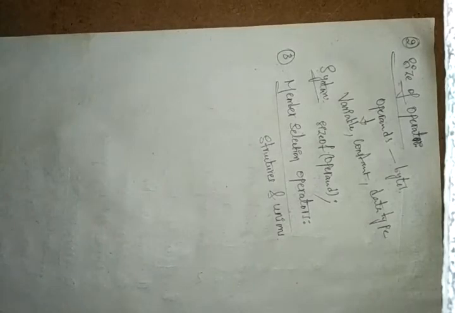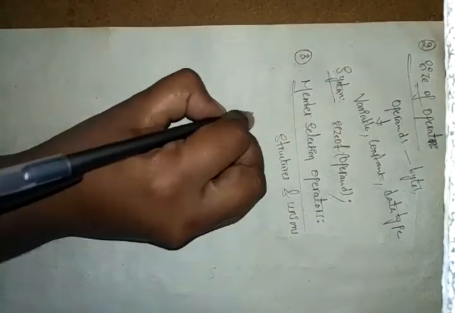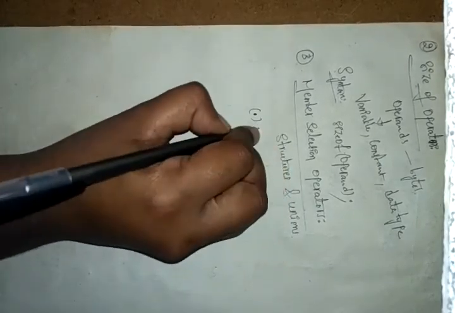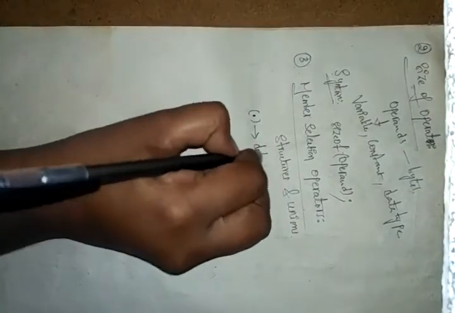So we call this the member selection operator, and it has two types of operators. One is the dot, which we call the dot operator.